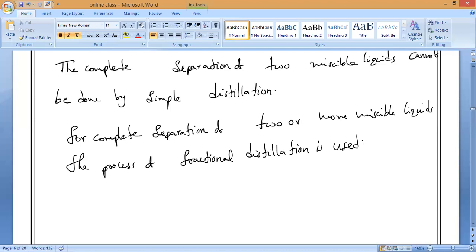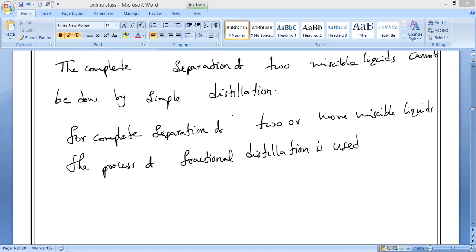So distillation is the separation technique we can use for what purpose? Separating a soluble solid from a liquid, or two miscible liquids, but their boiling points are what? Same or different? They must have different boiling points, and one liquid must evaporate fast and one liquid must evaporate slowly. Their boiling points must have some difference. Then only it is possible to use the separation technique called simple distillation, or we can say normally distillation.